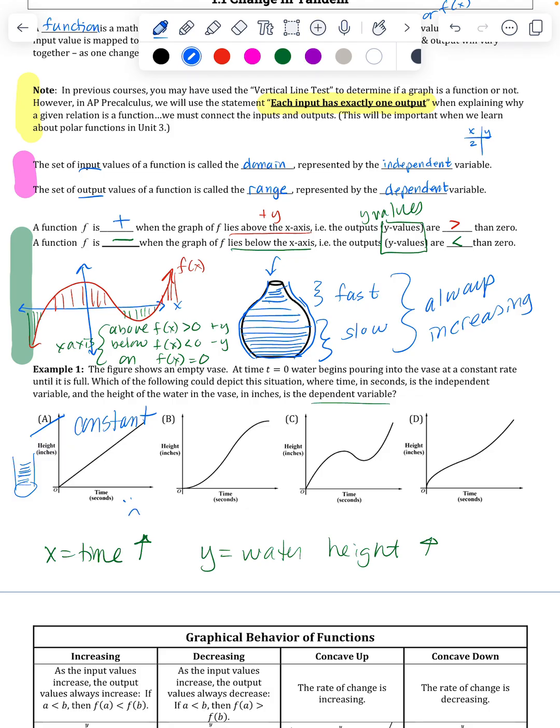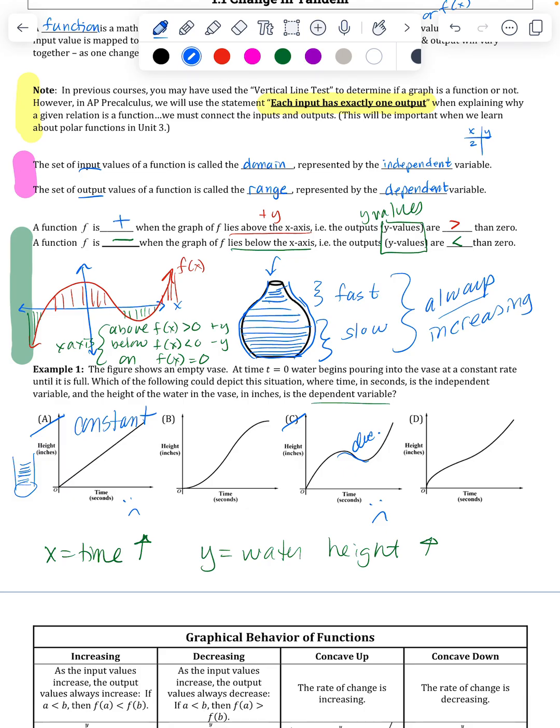I'm also going to eliminate C because it has to always be increasing, and you can see here there's a spot where this one is decreasing. So that can't be it. So sad face for that one as well. Okay, we only have 2 left. So let's take a look.